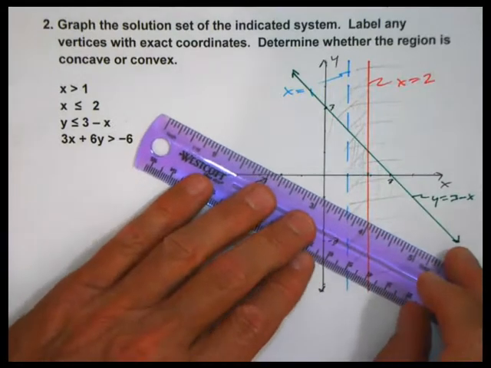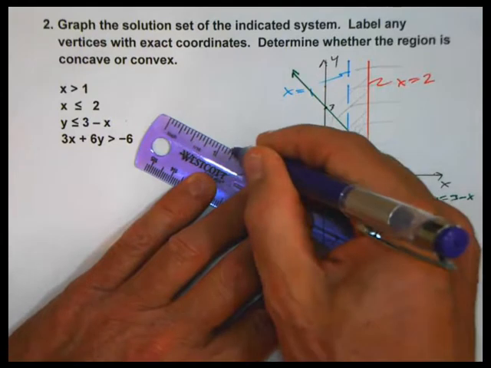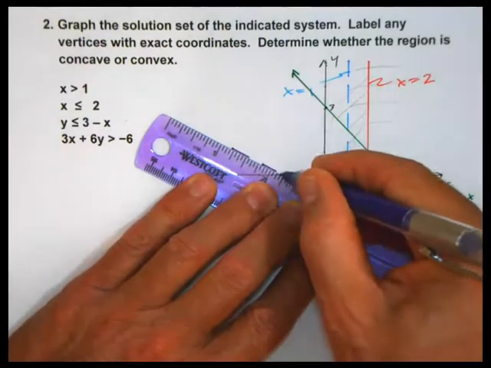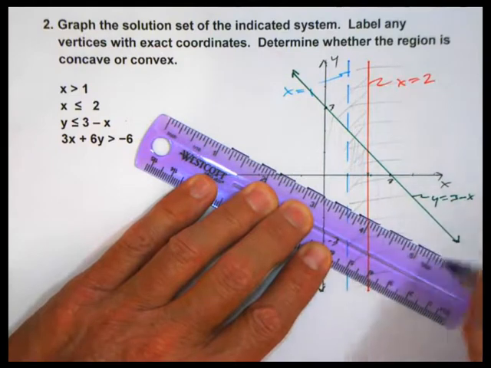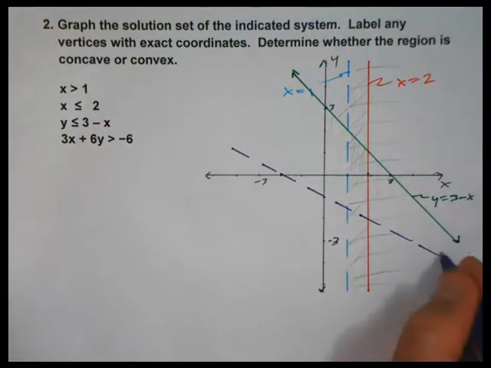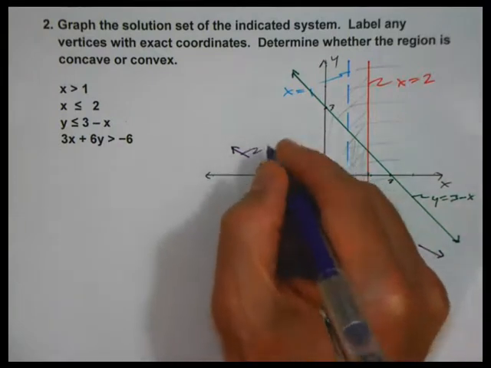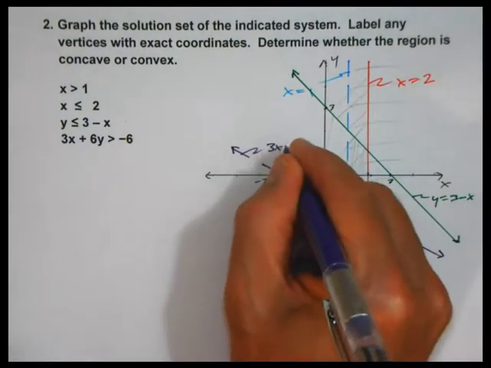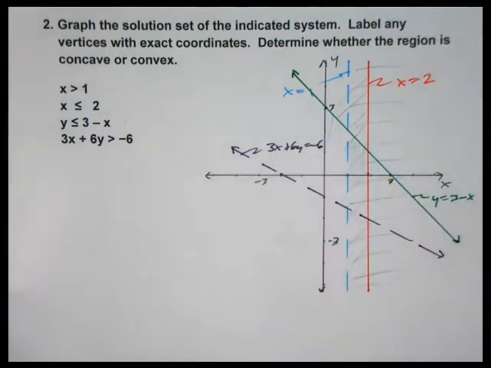It's strictly greater than. Okay. We'll label the equation here. This is 3x plus 6y equals negative 6.